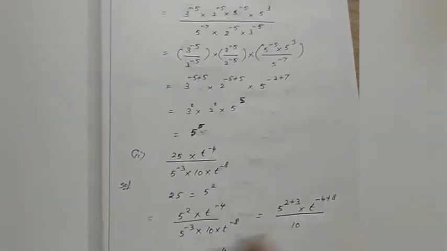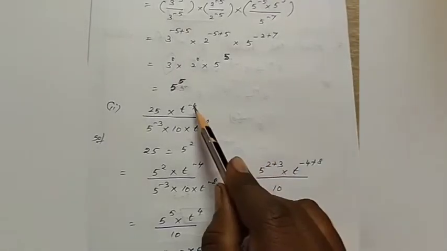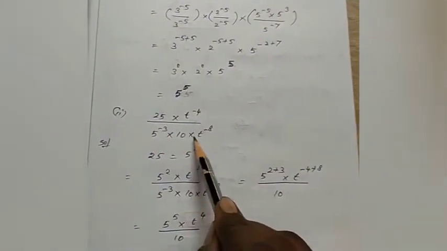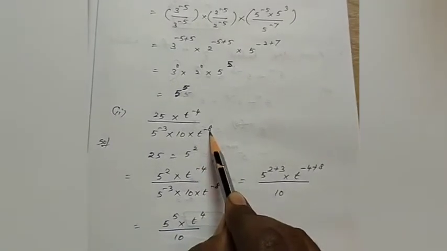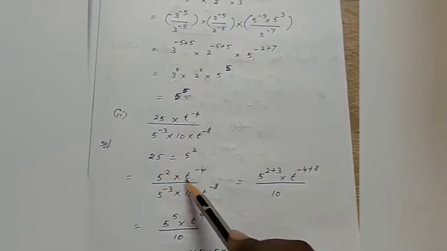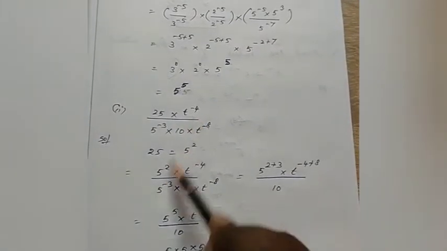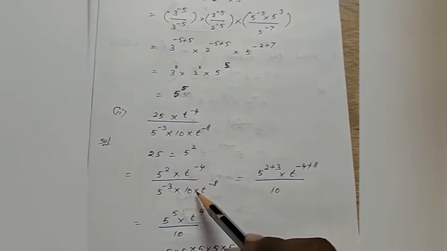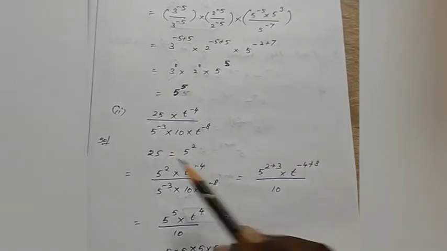So the second question is (25 into t power minus 4) whole divided by (5 power minus 3 into 10 into t power minus 8). So 25 we write 5 square. So 5 square into t power minus 4, then whole divided by 5 power minus 3 into 10 into t power minus 8.